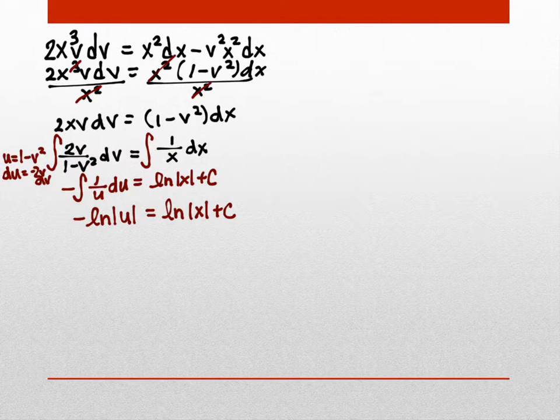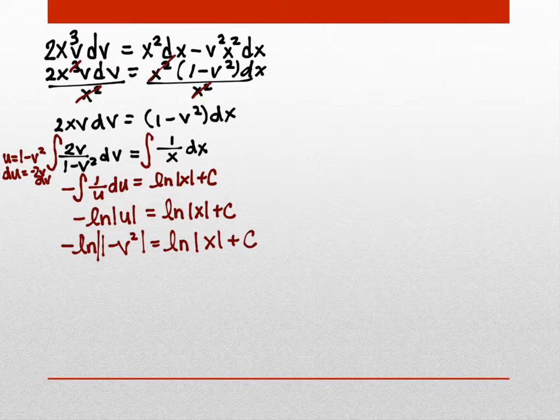Okay? So as we're looking at this messy algebra, I have the negative natural log of u, but u was 1 minus v squared, equals the natural log of absolute value of x plus c, but what is v?